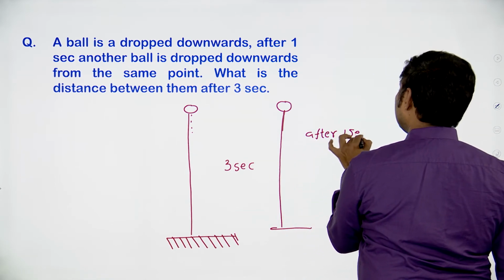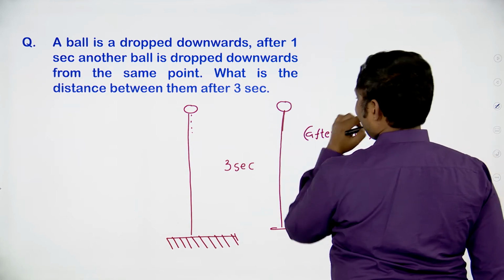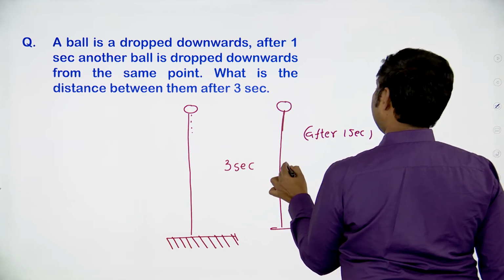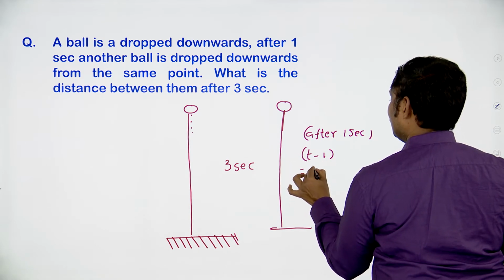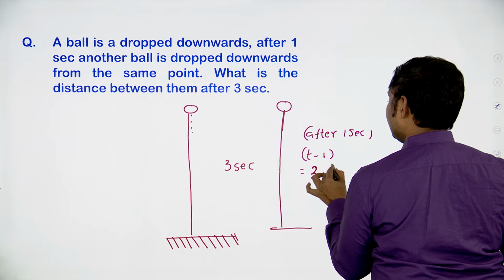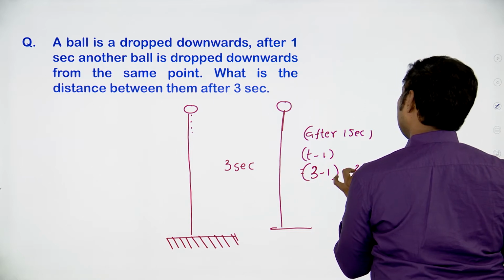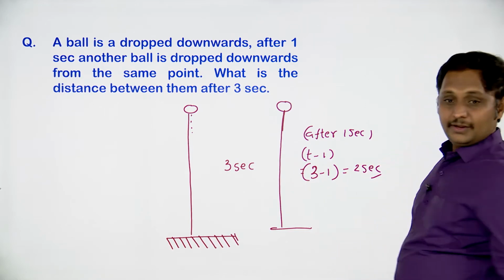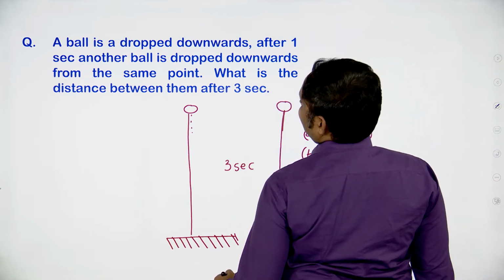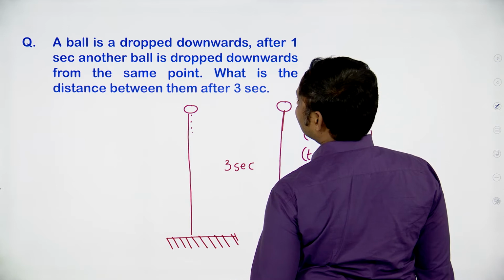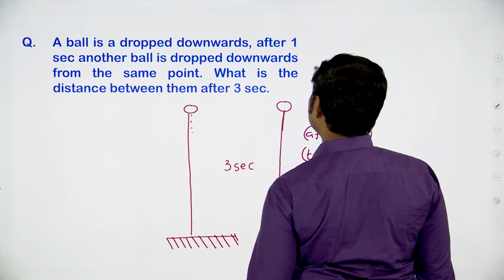This one has traveled t minus 1 second, that is equal to 3 minus 1, 2 seconds. It has 2 seconds to reach the ground from the same point. What is the distance between them after 3 seconds?